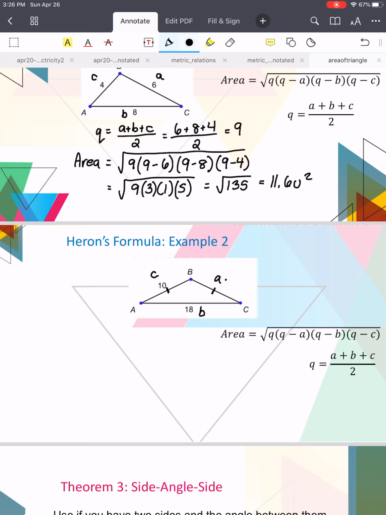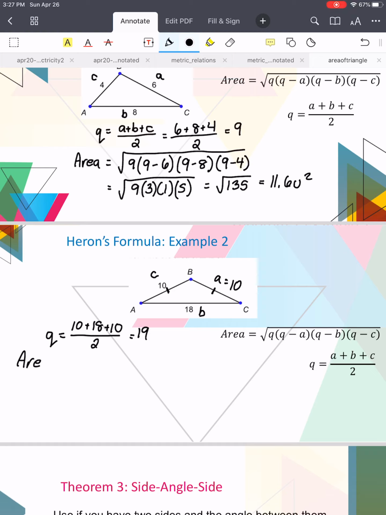So I know that this is also going to be 10. We can start by calculating Q. Q is going to be A plus B plus C all over 2. That gives you 19.